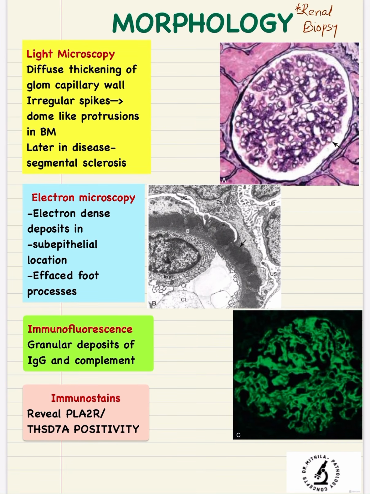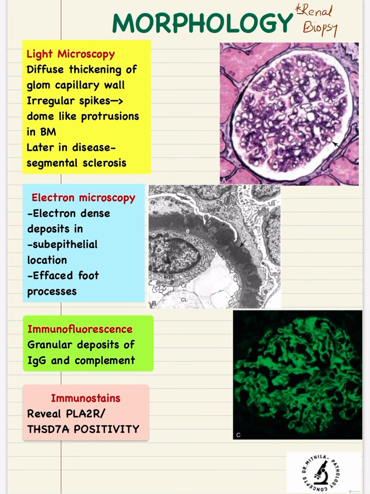Later on, when the disease further progresses, there can be segmental sclerosis in the glomeruli, and this sclerosis can also involve the whole of the glomeruli, and this will compromise the renal function. Now in electron microscopy, the electron dense deposits will be seen in the subepithelial location.